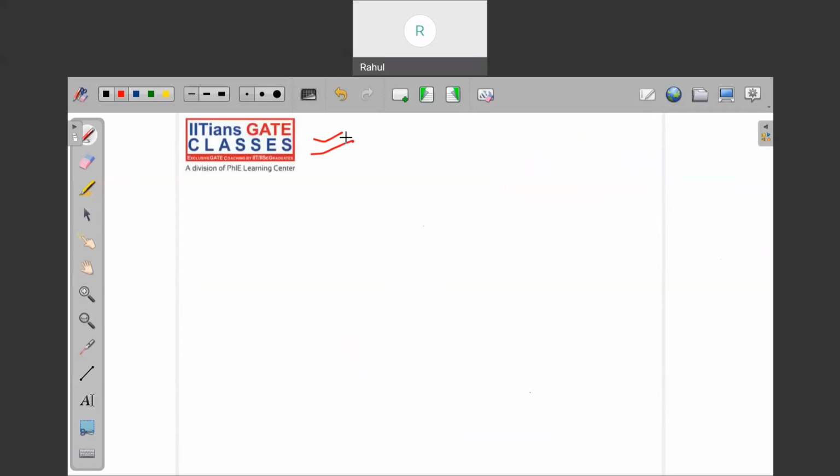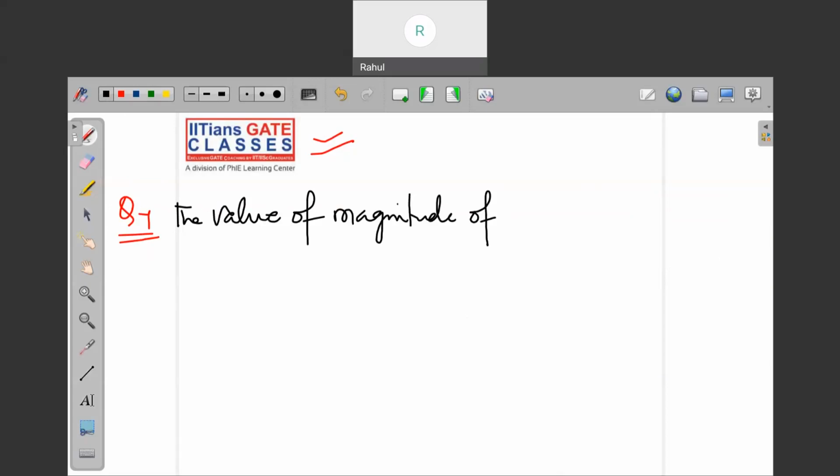And let us pick up a few questions, because after discussion of the concept, we need to solve a few questions. So, the value of the magnitude of the gradient.